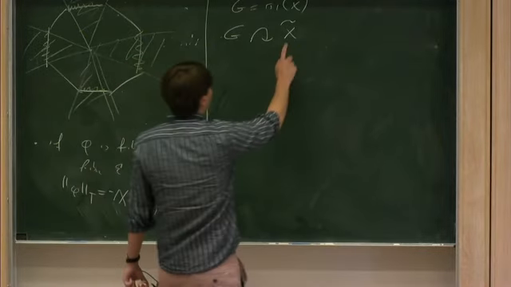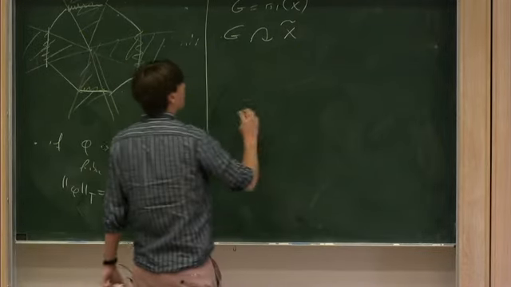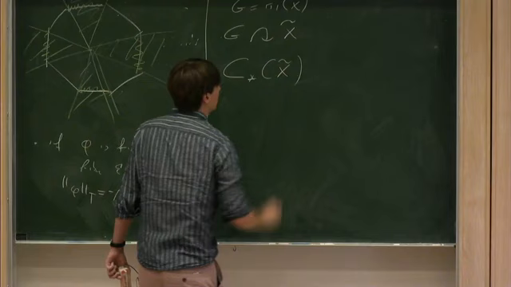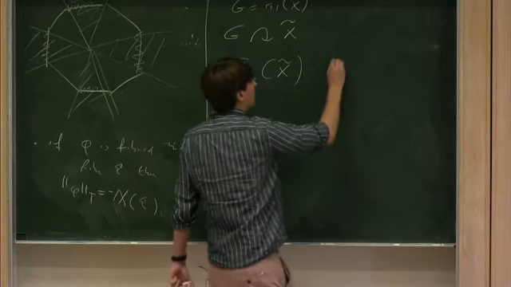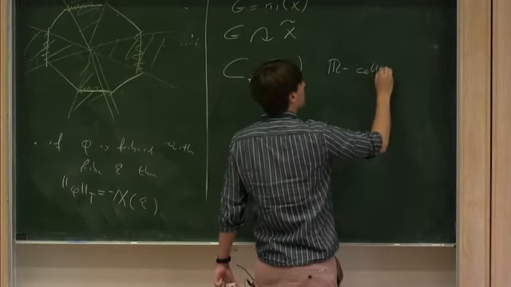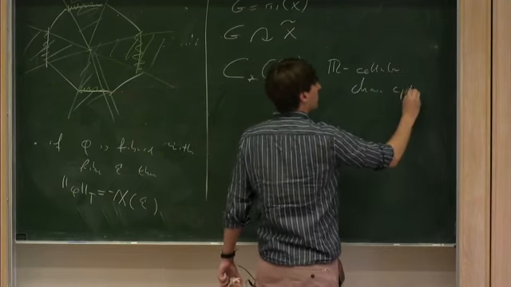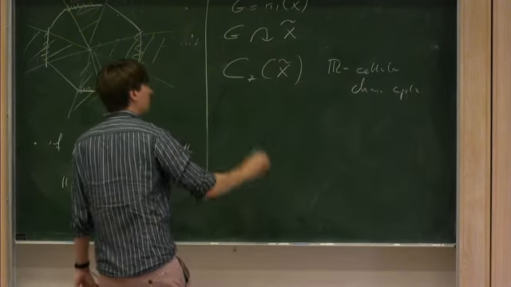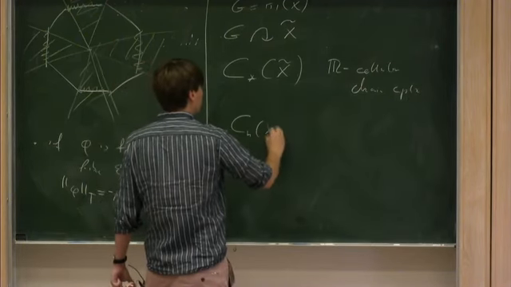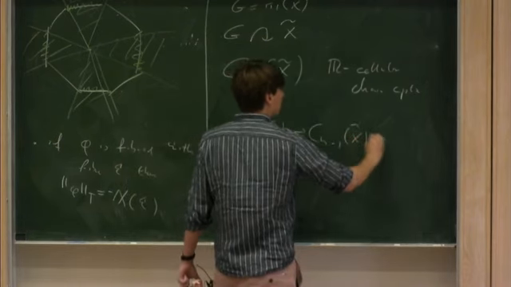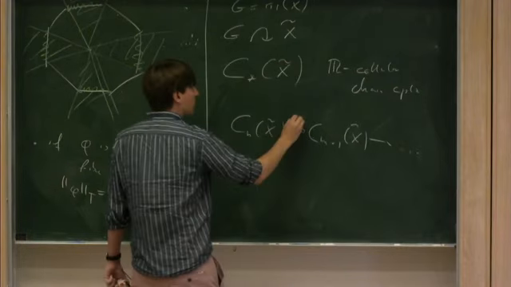So X tilde has a chain complex. This is the cellular, say, R cellular chain complex. So it stops somewhere, there's some Cn minus 1, and so on, and here we have the boundary maps.